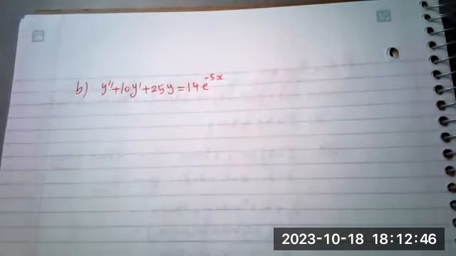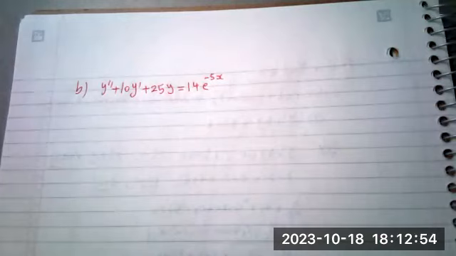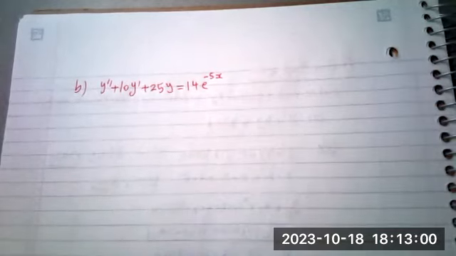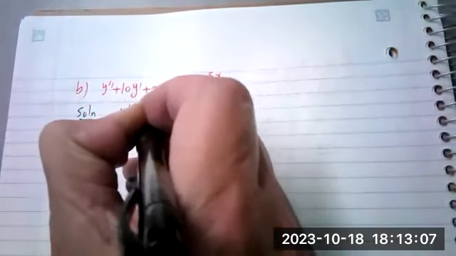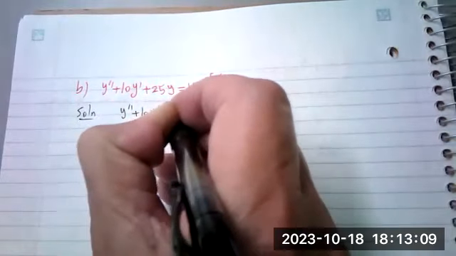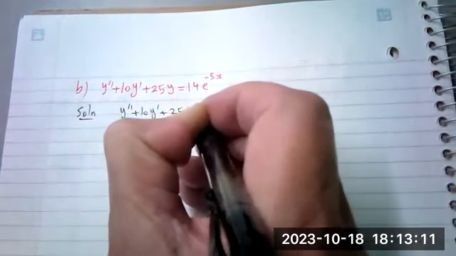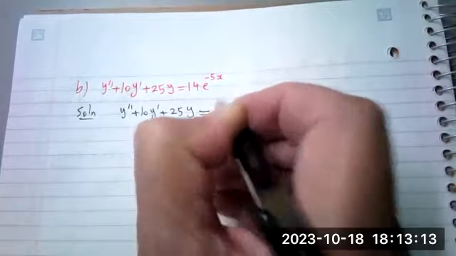You take this one, your yp is an exponential function. The coefficient is a constant, then you change it to the constant, of course, depending on whether you get the repetition or duplication. Okay, are you ready? Going for the homogeneous solution first. The homogeneous one is y double prime plus 10y prime plus 25y equal to 0.